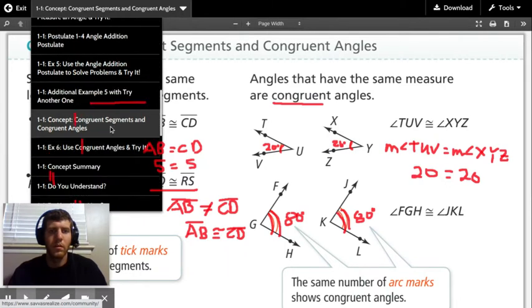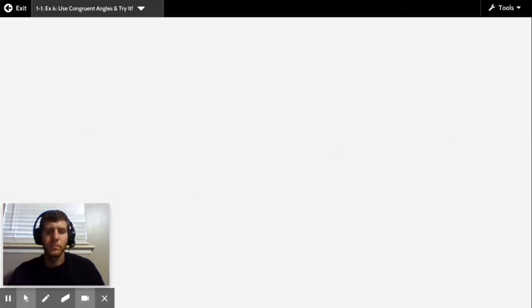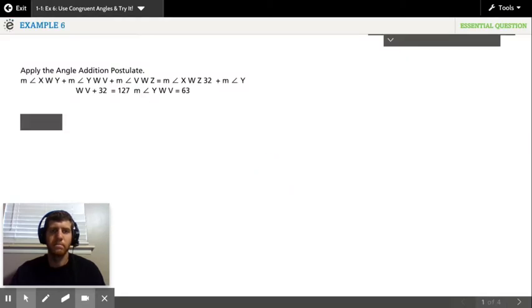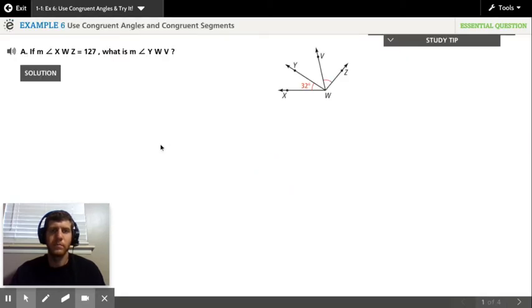Which is right here. So before this loads, if we look at the diagram, we see we have two congruent angles.